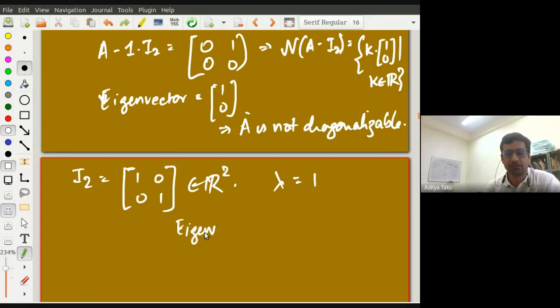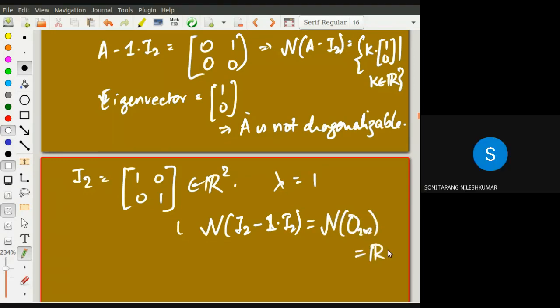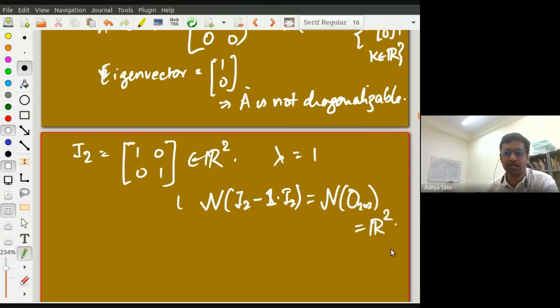Or in other words, let's first find the null space of I2 minus 1 times I2. What is I2 minus I2? That's 0. So what is the null space of the 0 matrix? So the whole R2 vector space. So can you give me an eigenbasis?